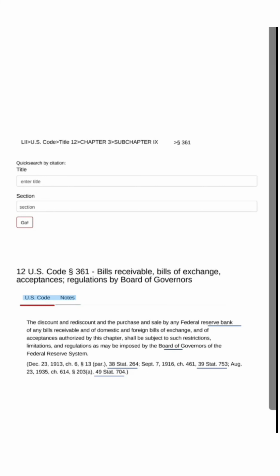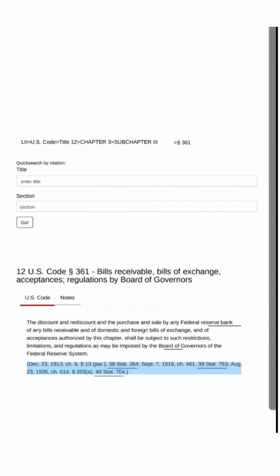U.S. Code Notes. The discount and rediscount and the purchase and sale by any Federal Reserve Bank of any bills receivable and of domestic and foreign bills of exchange, and of acceptances authorized by this chapter, shall be subject to such restrictions, limitations, and regulations as may be prescribed by the Board of Governors of the Federal Reserve System.